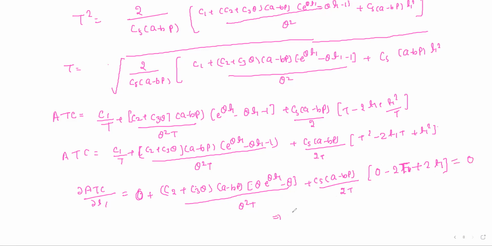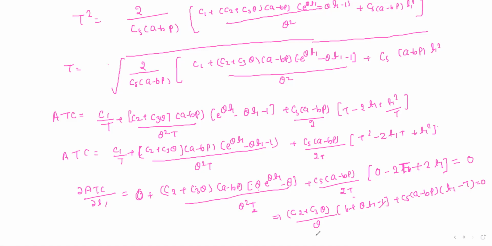So after solving it, we get C2 plus C3 theta. We can divide, this is T, this is T, so when we multiply with 0, it becomes 0. From this, we can take theta as common, so 1 theta will be cancelled out, and we can expand it, so 1 plus theta T1 minus 1, and plus Cs (A minus BP), 2 can be cancelled out, so it becomes T1 minus T, and this is equal to 0.